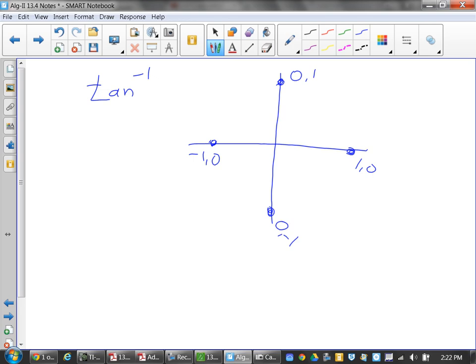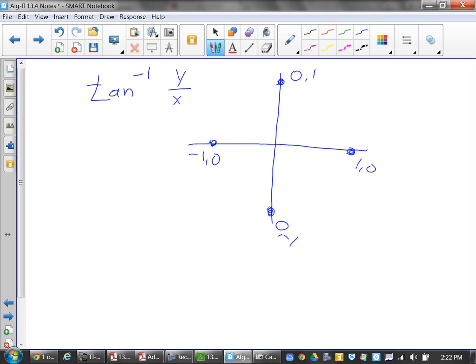If I look at that, your tangent is what over what in terms of x's and y's and r's? It's opposite over adjacent, so it's y over x, right? So tangent would be y over x.